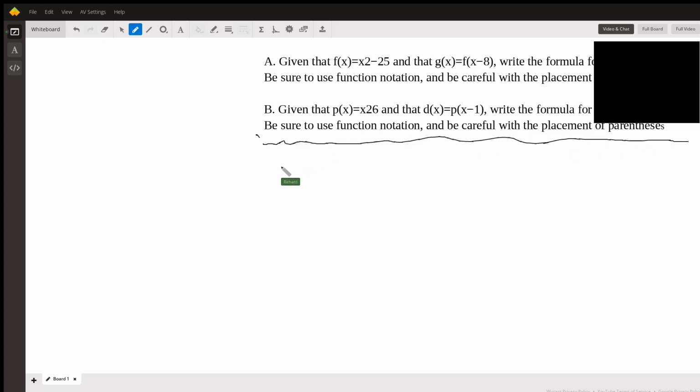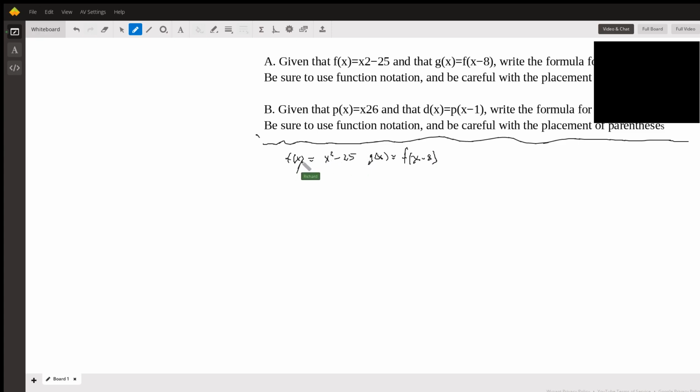They're not very hard. So for part A, we have f of x is equal to x squared minus 25. And we have g of x, and that's equal to f of x minus 8. Okay, so this is really just a replacement rule.